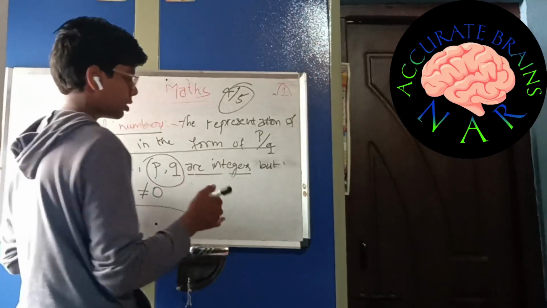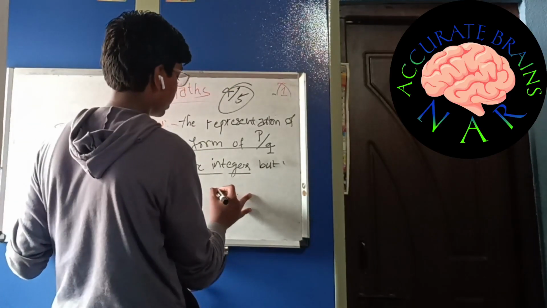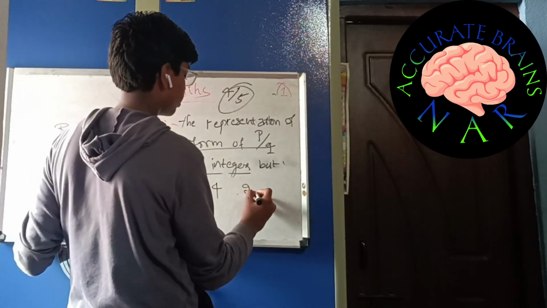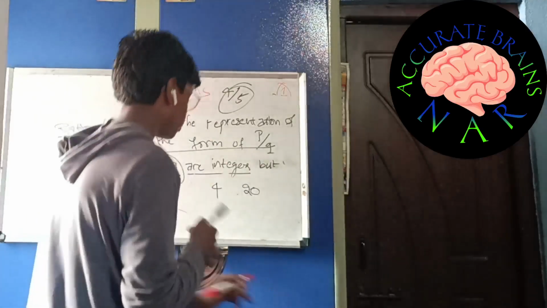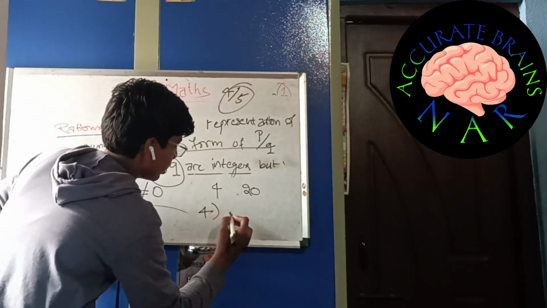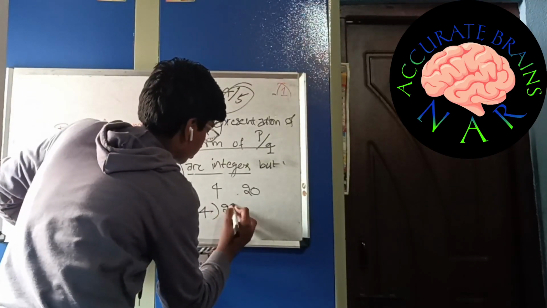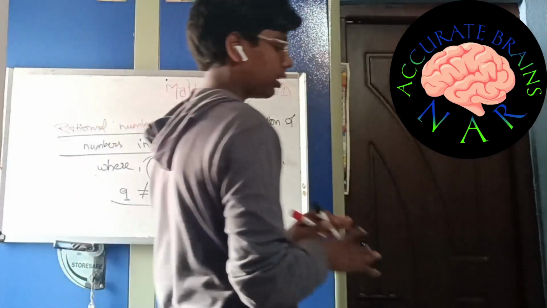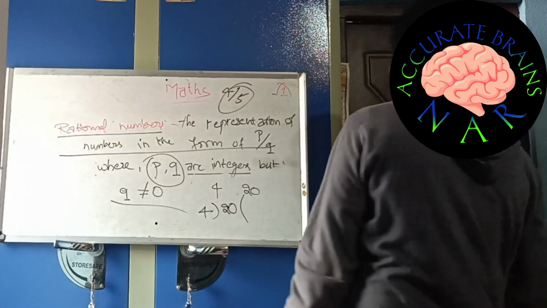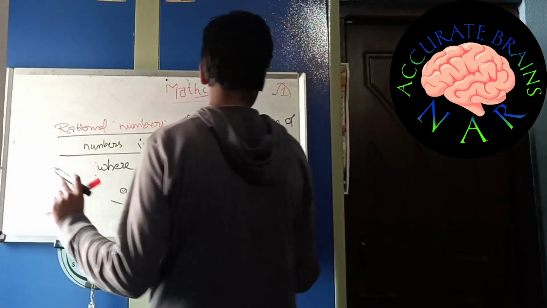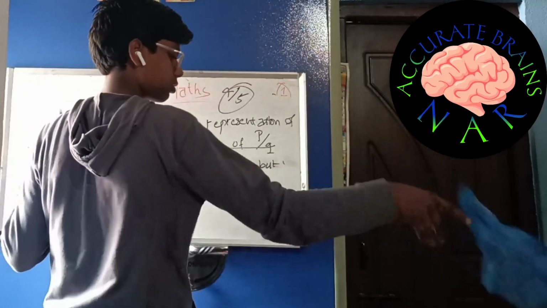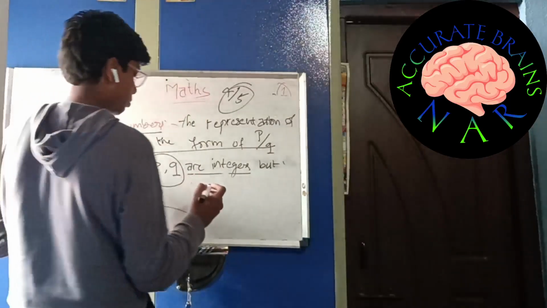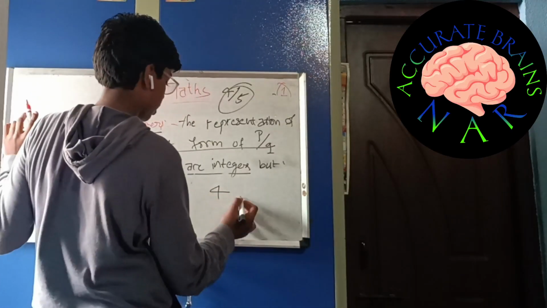For example, we take 4 and 20. To divide them, we will use our old technique called division. It is not such a long process, nor a short one. It is a medium process to simplify numbers.